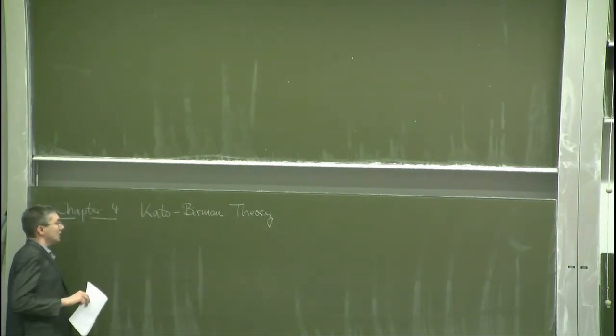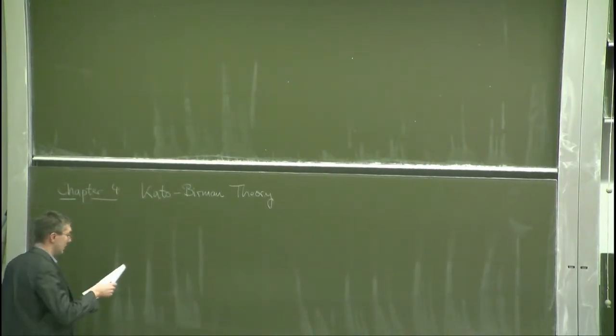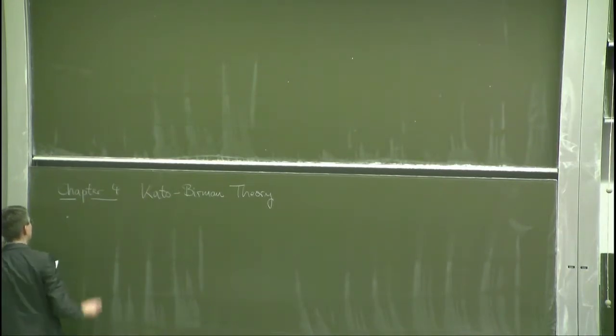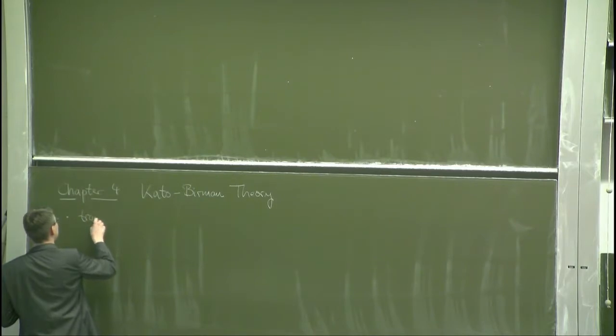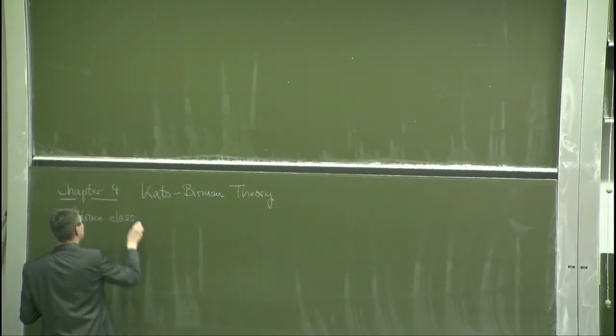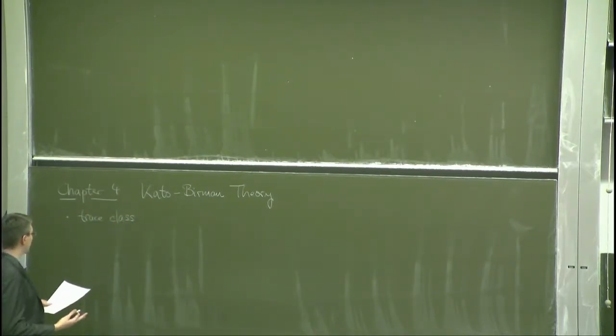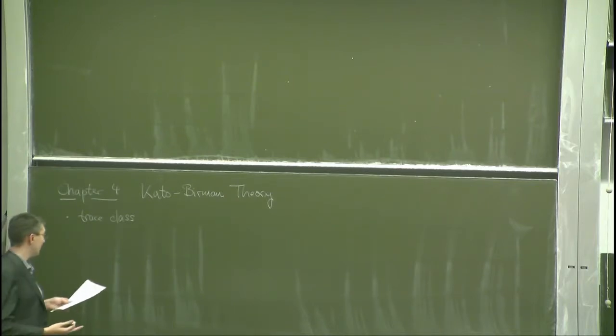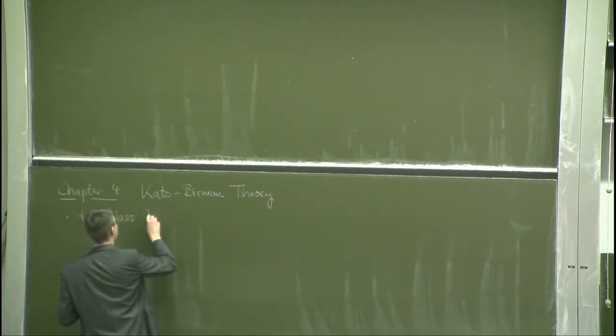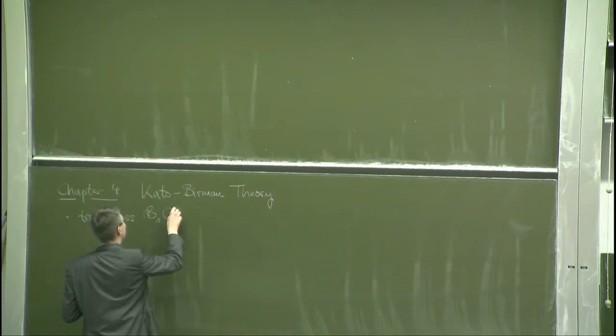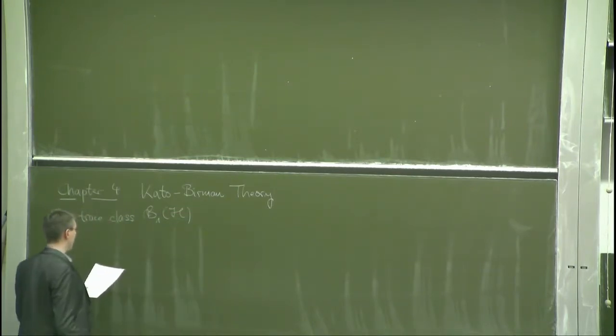In some words, what is our goal here? We will first of all discuss the so-called trace class. So our goal is to understand what trace class operators are, and this trace class will be denoted by B1 of H.